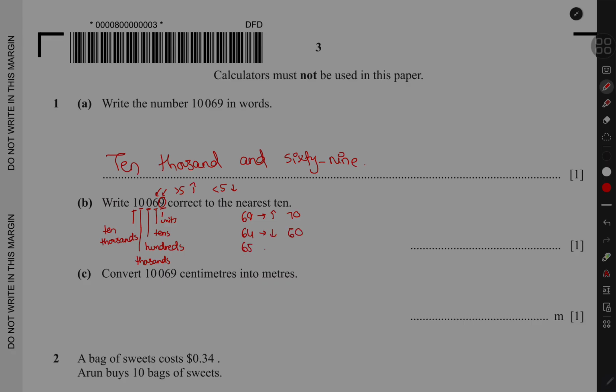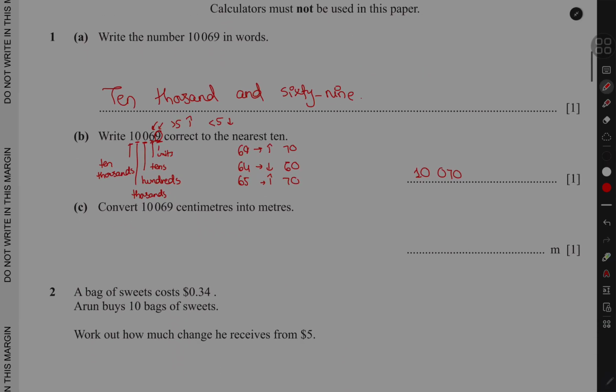If we had 65, we would round it up to 70. So now we have 10,069. We would write 10,070.